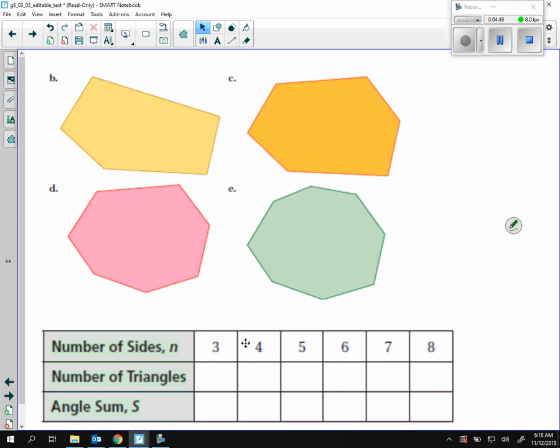So let's take B as our first example. And we're going to start at a corner here and count the number of sides of this shape. So 1, 2, 3, 4, 5. So B has 5 sides.